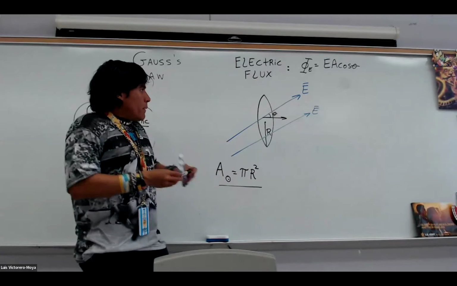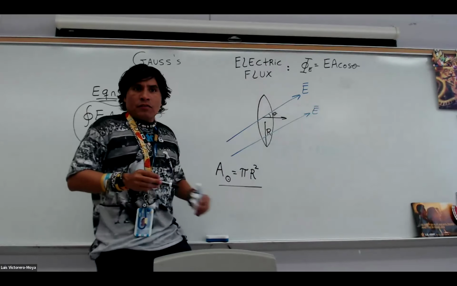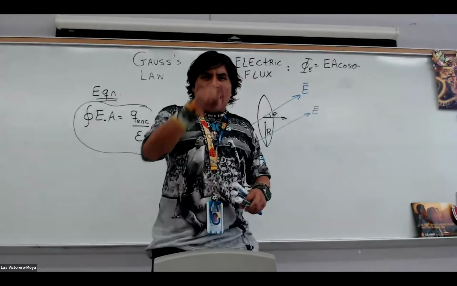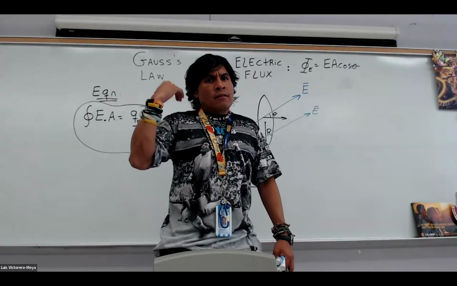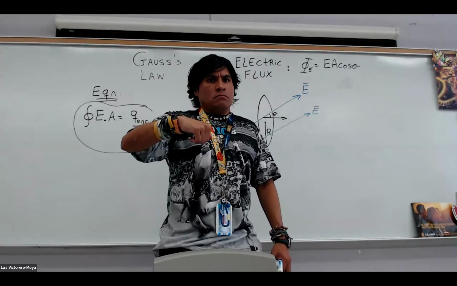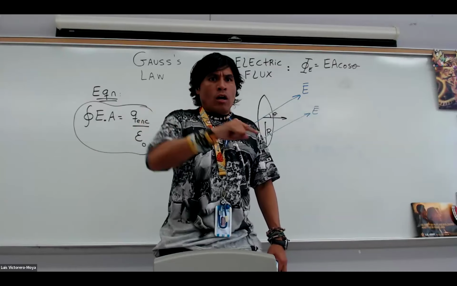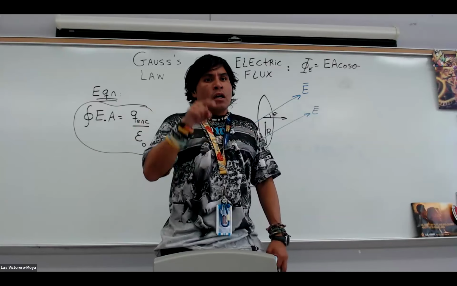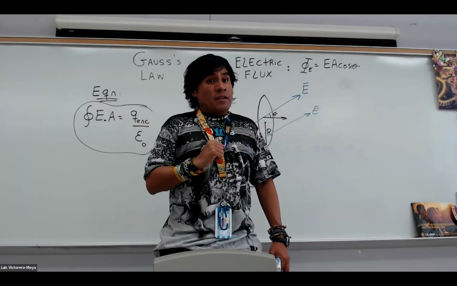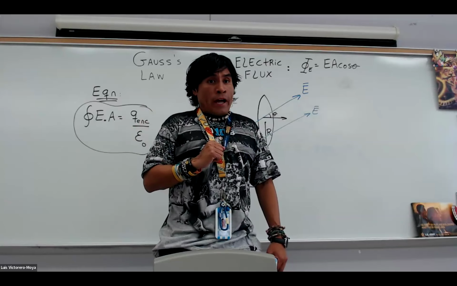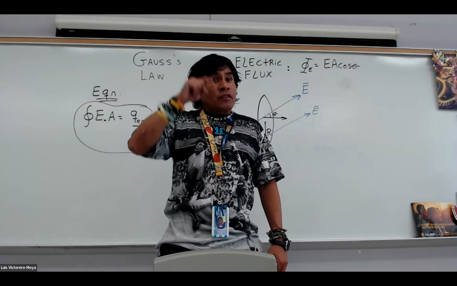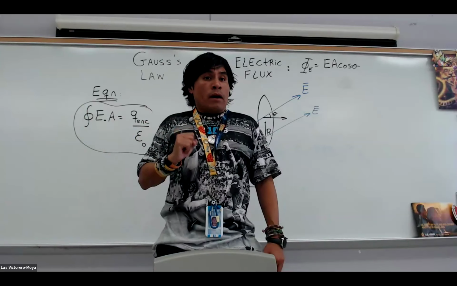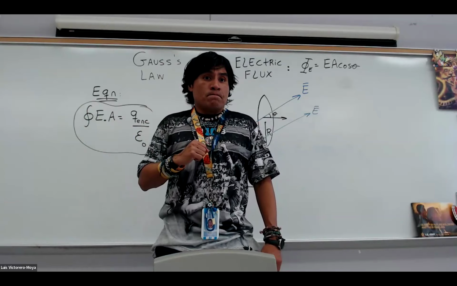Because any vector parallel to the surface doesn't give any flux. And you have to answer that question. Think about the definition of flux. What is flux of a vector field? You talked about that in the lecture on the first day of class. Think about divergence. Remember, we can change this equation to the divergence of the electric field by using the divergence theorem.